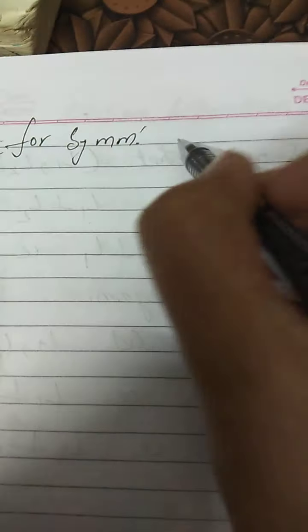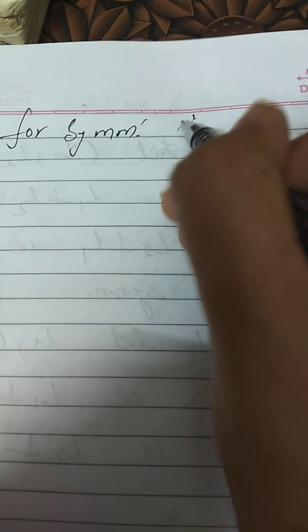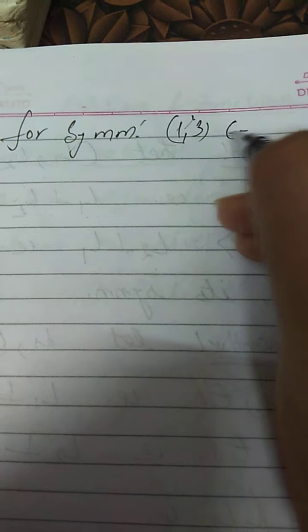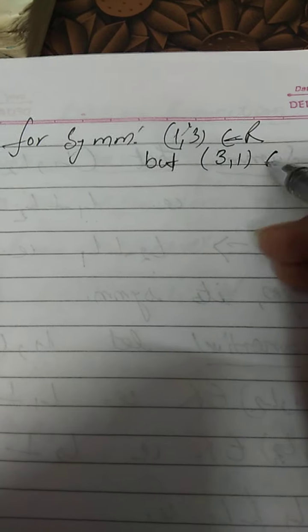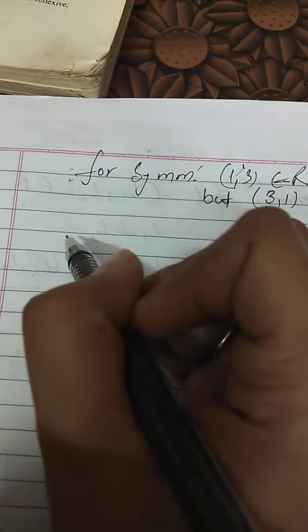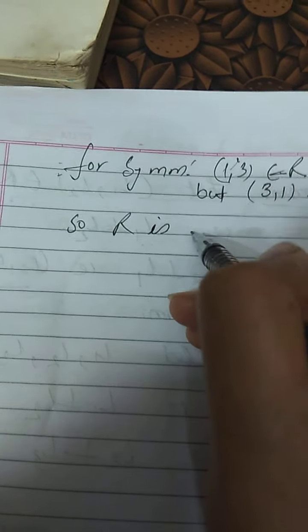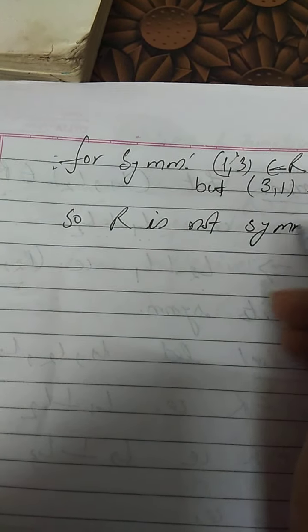Now let us check whether it is transitive or not. If you want, I can write down for symmetric also. For symmetric, we will write (1, 3) belongs to R, but (3, 1) does not belong to R. So the relation is not symmetric.